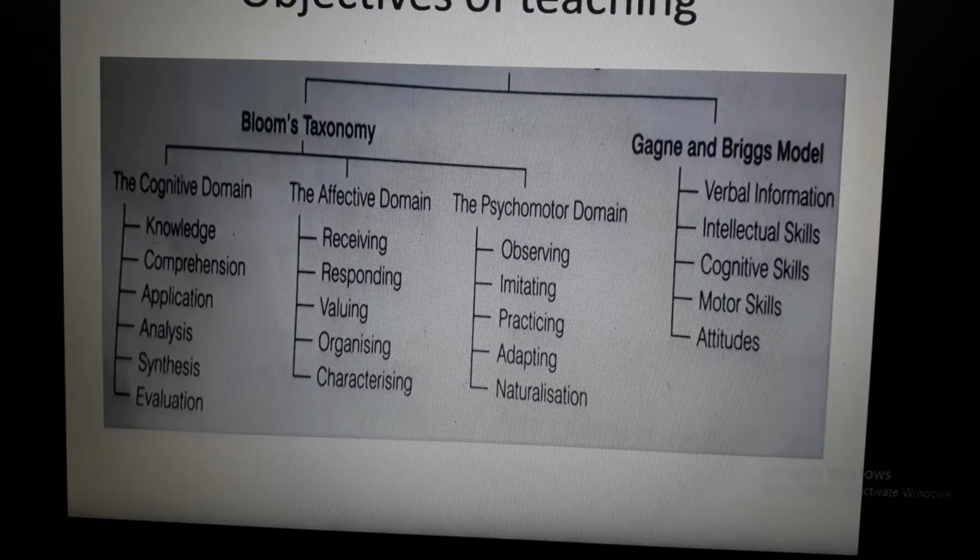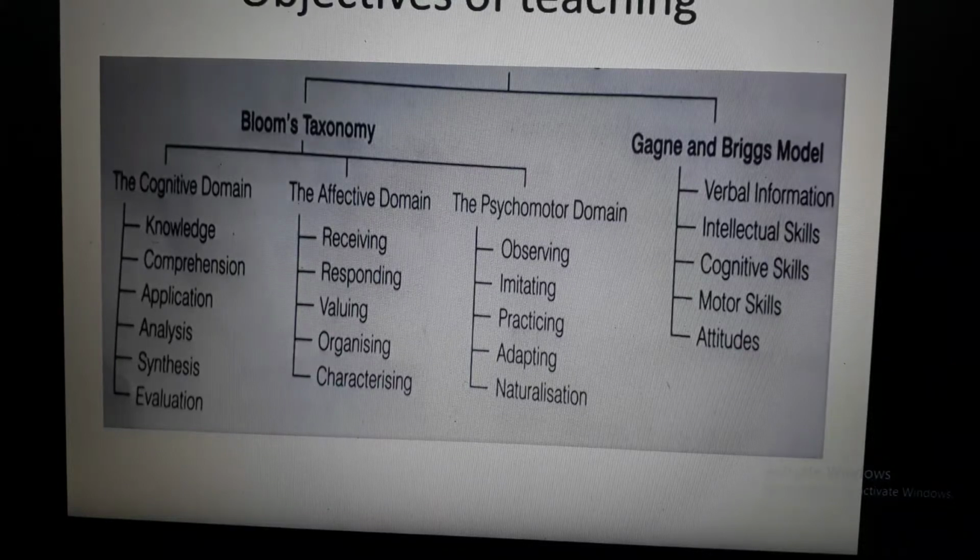Motor skills refer to motions that are carried out with the help of the brain, nervous system, and muscles. So these are the orders given by the cognitive skills. And lastly, attitudes refer to the internal state of the individual.